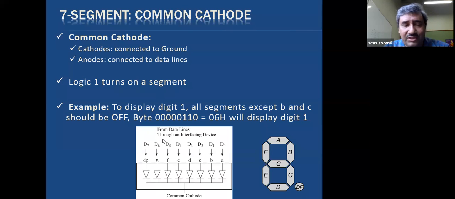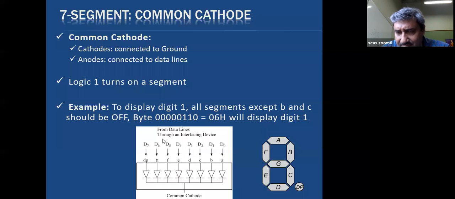And assume this configuration: A is connected to D0, the least significant bit, and we move forward, G is D6, and the decimal point is the same as B. So we have 0, 1, 1, 0, 1, 1, 0, 1. Now, is it correct, everyone? Okay, the decimal point is off.